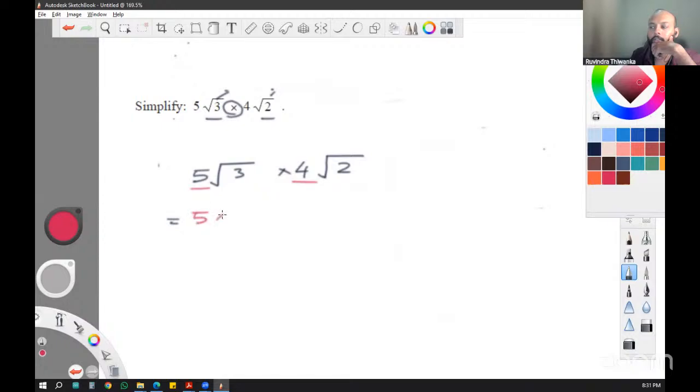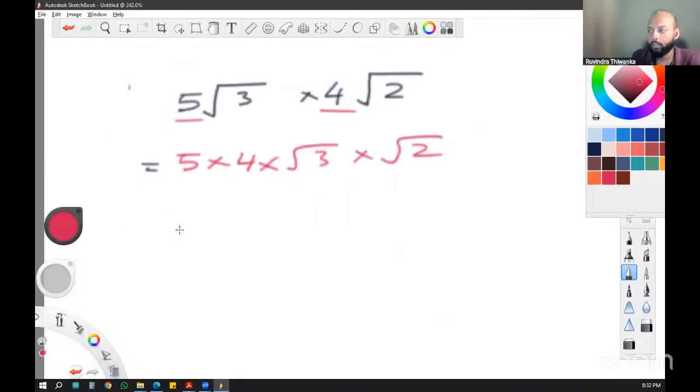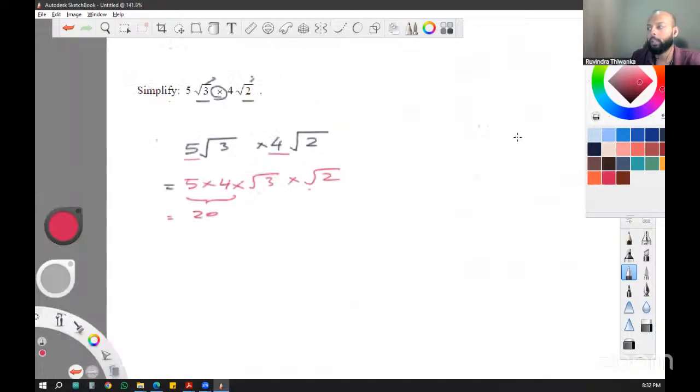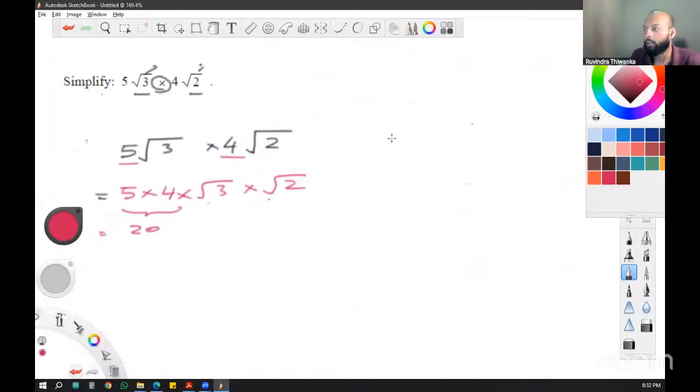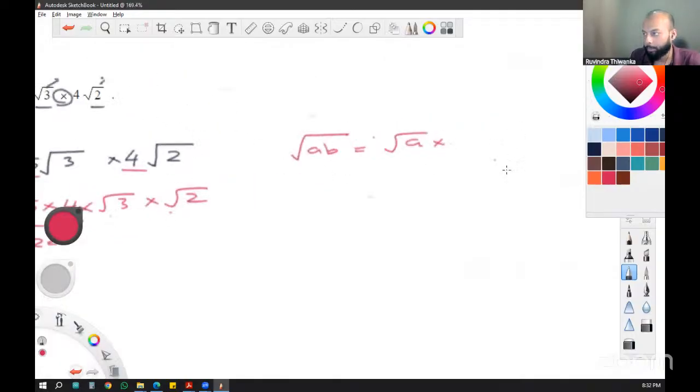So we can write 5 times 4, we just separated everything, into root 3 into root 2. As you can see, we can simplify it more. 5 times 4 makes 20. And now, when you multiply these two surds, remember previously I wrote that square root of ab can be written as square root a into square root b, right?